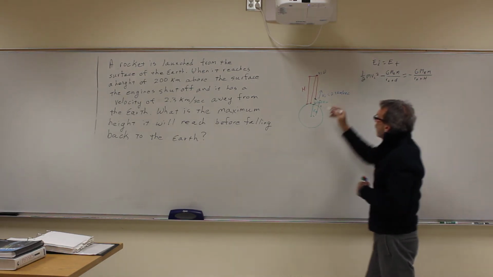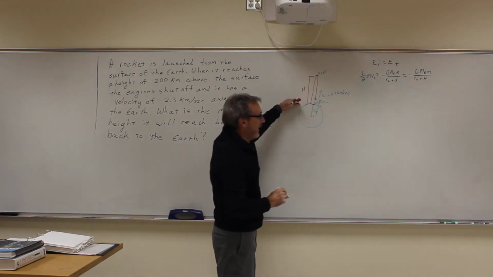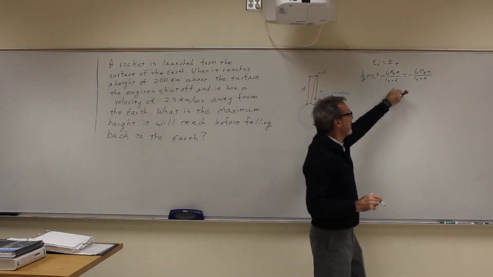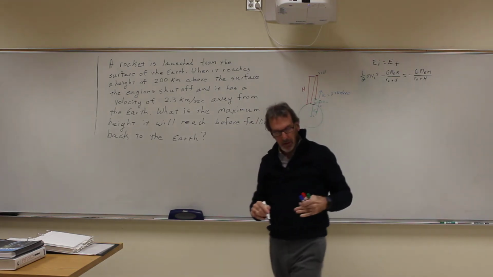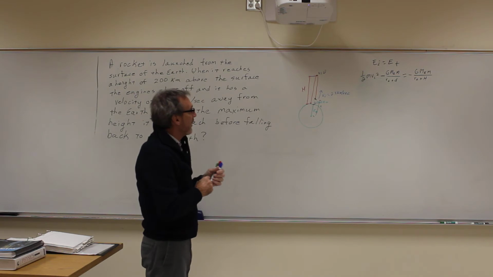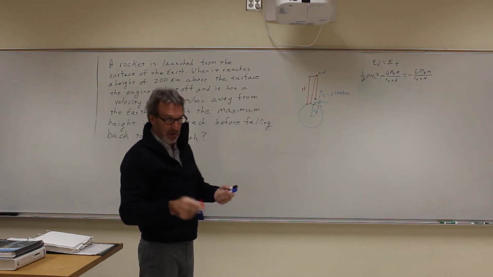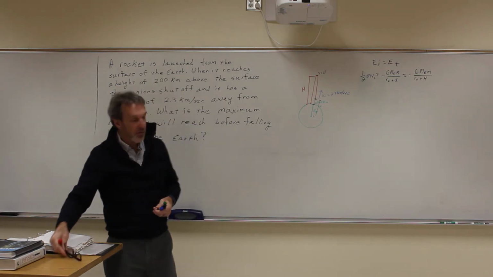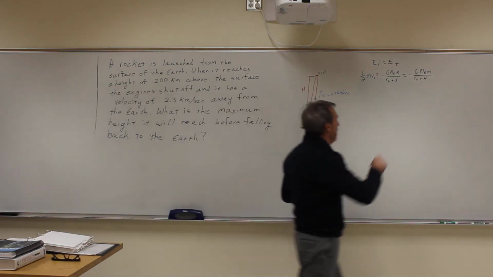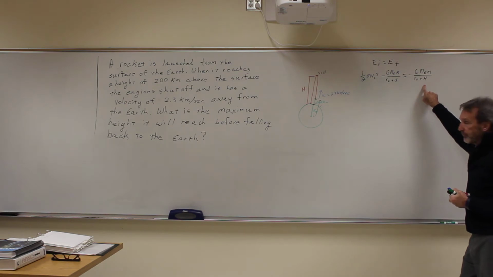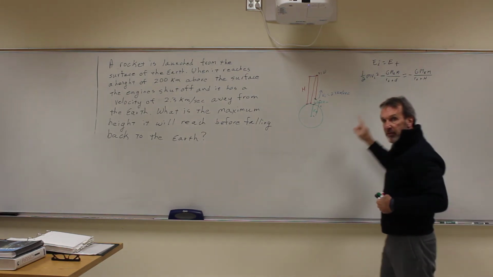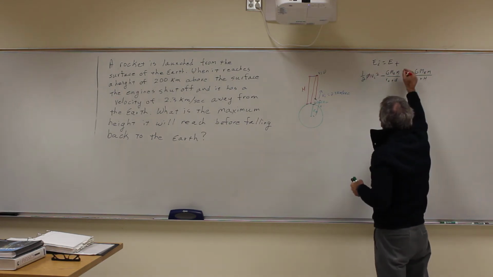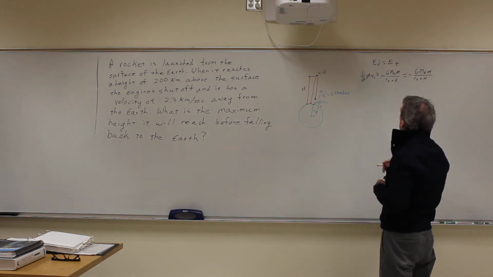Notice again we're doing it this way because we want to solve for h, the height above the surface of the Earth. You could have called this one variable and this one variable and then at the end subtract it off. That's okay. I like to do it this way because it makes it clearer, but you can do it the other way as well. And so what we want to do is solve for h. Notice that if we divide through by little m, the mass of the rocket doesn't matter. It goes away.